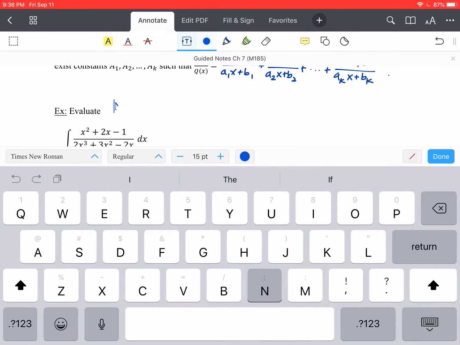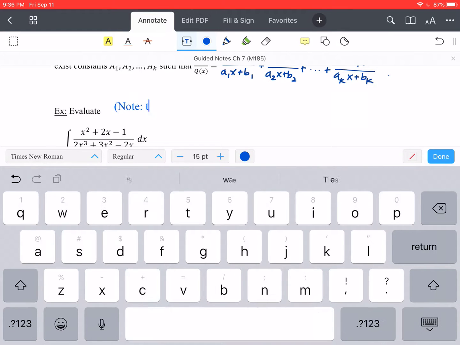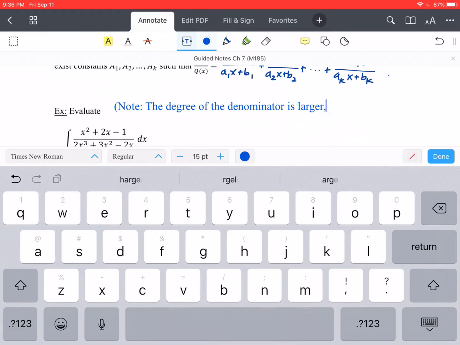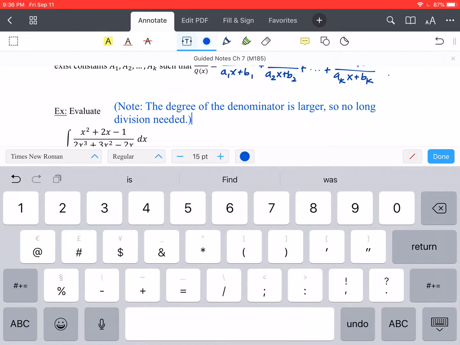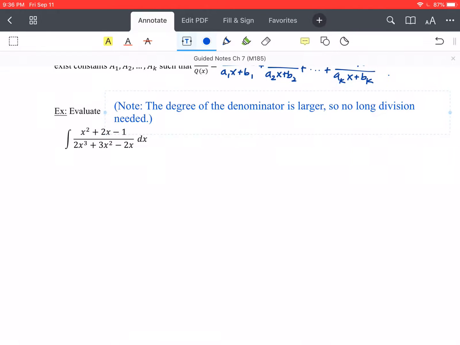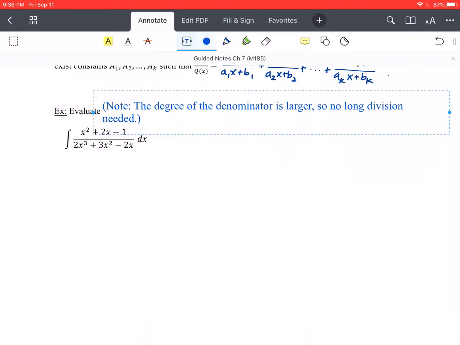Note the degree of the denominator is larger, so no long division needed. So that's good. That saves us a little bit of work.